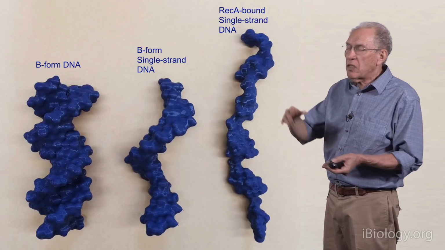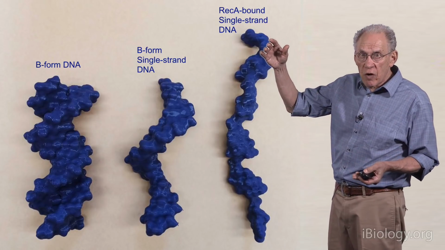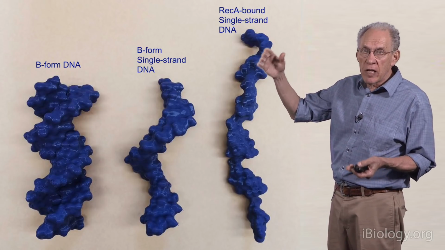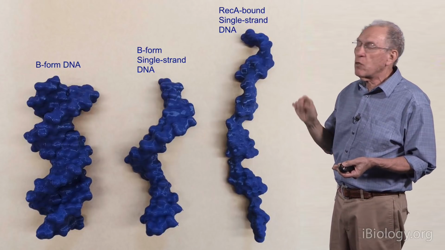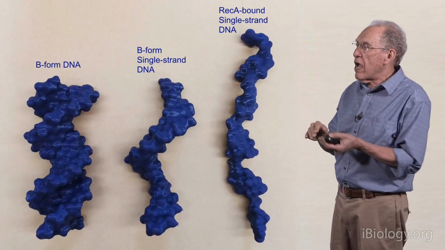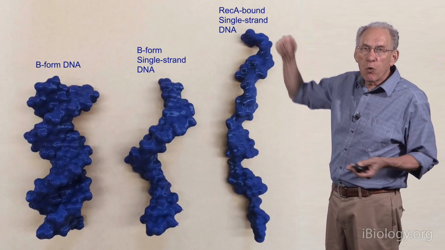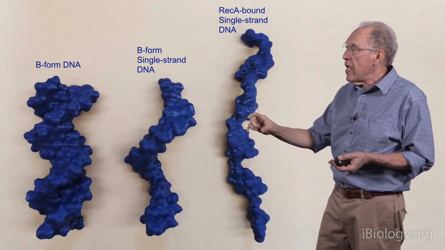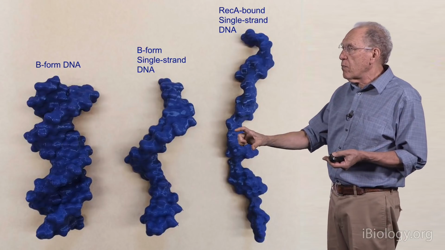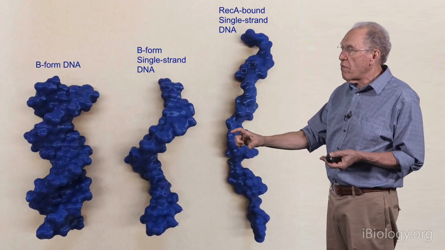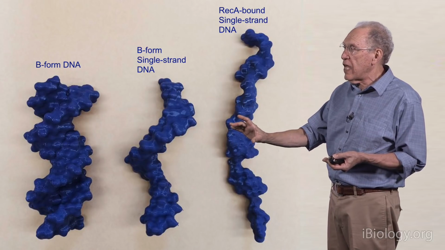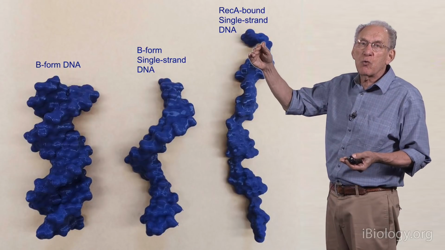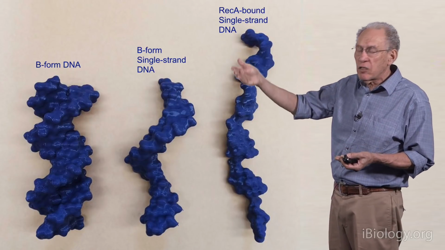What they saw was that the single-strand DNA was stretched. We already knew that from electron microscopy. But what they saw was that the stretching was not uniform. Rather than all the bases just being pulled apart by 1.5 times, each 3 bases that were bound by one subunit of this recombination protein are still in roughly a B form of DNA, and then all the stretch happens in between those 3 bases and the next 3 bases.